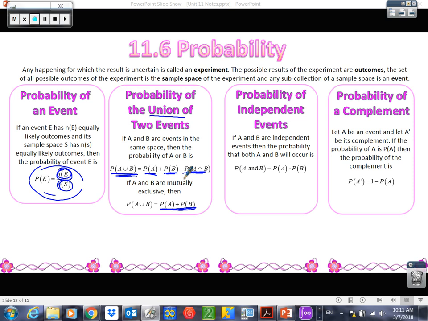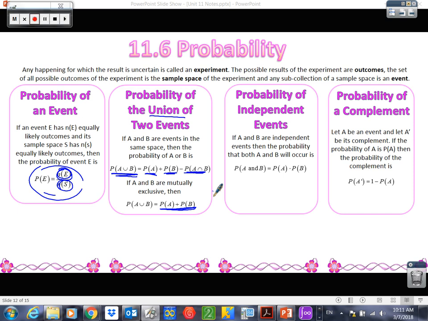But on the other hand, if I asked you to find the probability of drawing a red card or drawing a king, I would have some overlap, right? Because there are red cards that are kings. So that's what we would have to take out, is the overlap. And I actually have an example on the next slide of that situation where we have an overlap that we have to take out. So we'll look at that specifically. But if there is no overlap, we would just add those together.